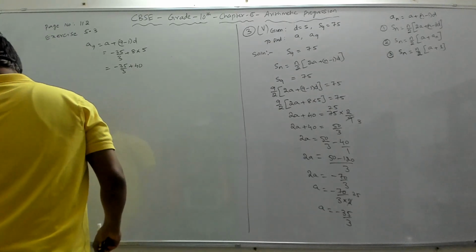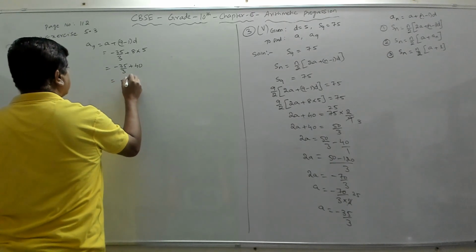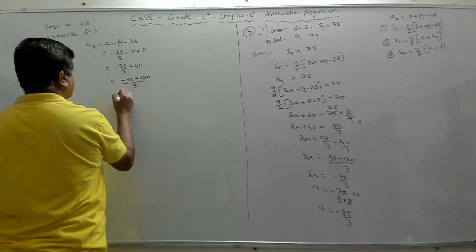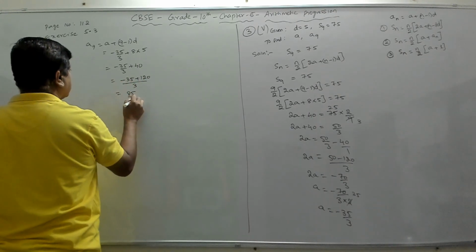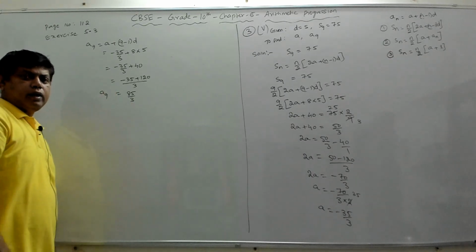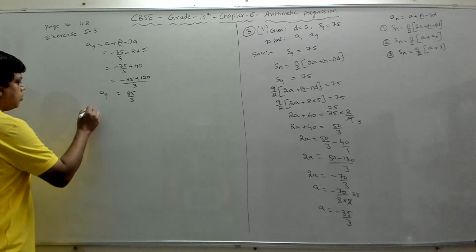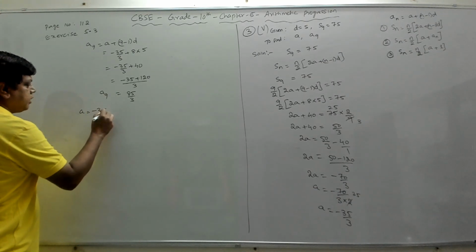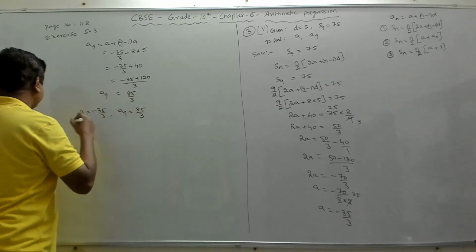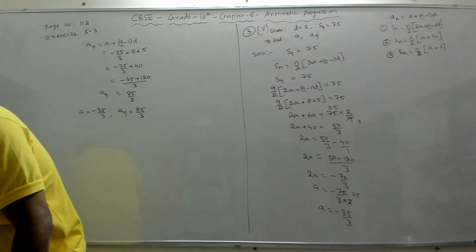If you do that, we get minus 35 plus 120 by 3, which becomes 85 by 3. That is your a9, the ninth term. So the final answer is a equal to minus 35 by 3 and a9 is equal to 85 by 3.